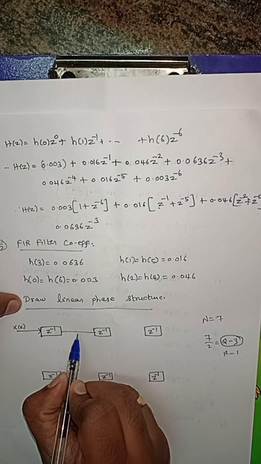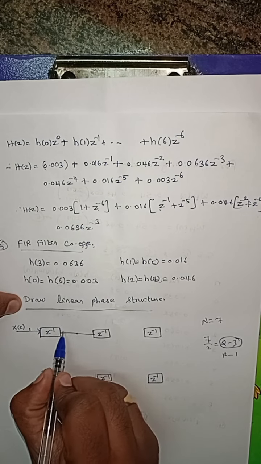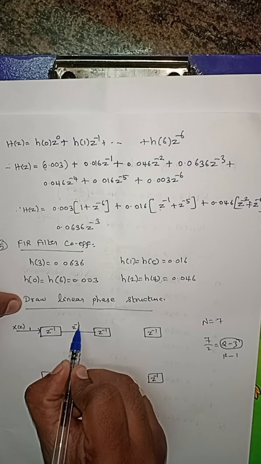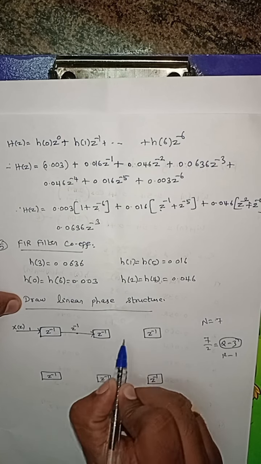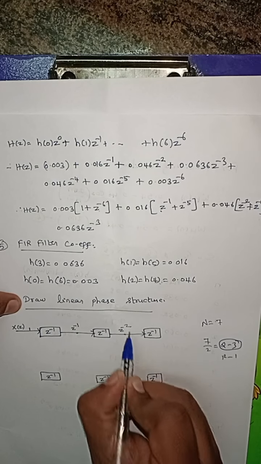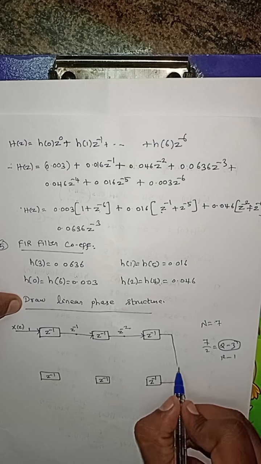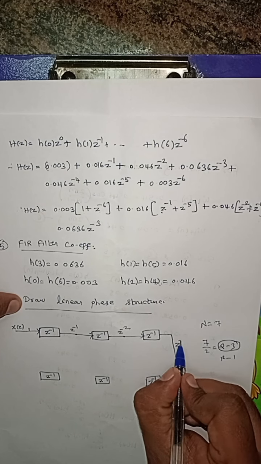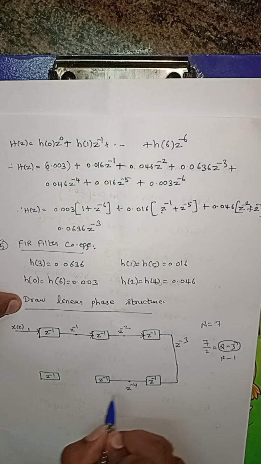For example, here input is 1. When 1 is multiplied with z power minus 1, we will get z power minus 1. When z power minus 1 is multiplied with z power minus 1, we will get z power minus 2. When z power minus 2 is multiplied with z power minus 1, we will get z power minus 3. So here we will get z power minus 4.